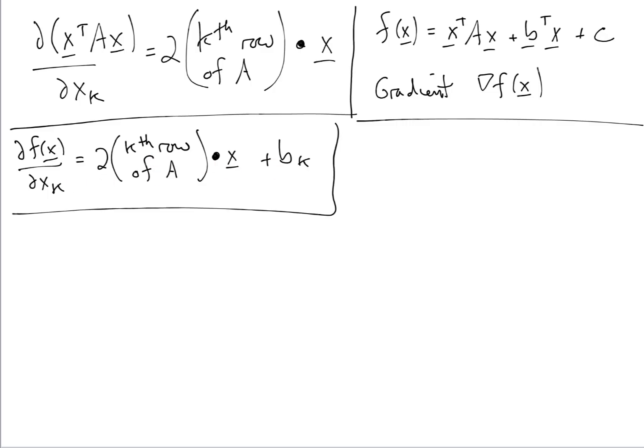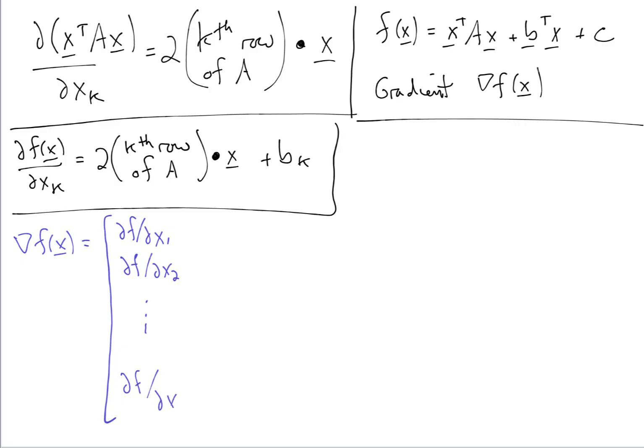Now let's think about what the gradient of a function, of this function f, actually is. So the gradient of f of x is the vector of its first order partial derivatives, partial f with respect to x1, partial f with respect to x2, all the way down to partial of f with respect to xn.